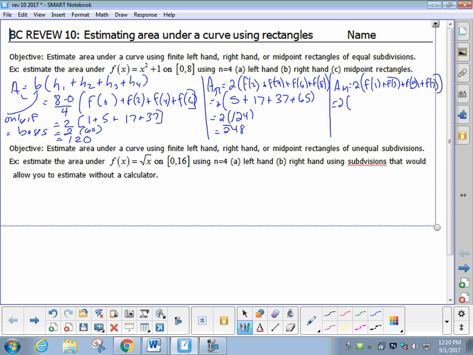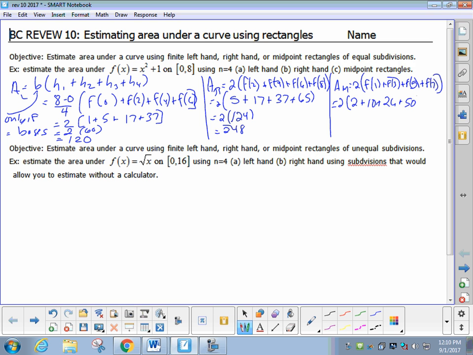What is f at 1? 2. f at 3, 10, f at 5, 26, and f at 7, 50. Sum: 76, 86, 88. And product with the base: 176.